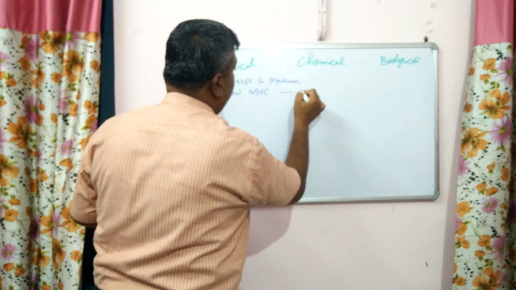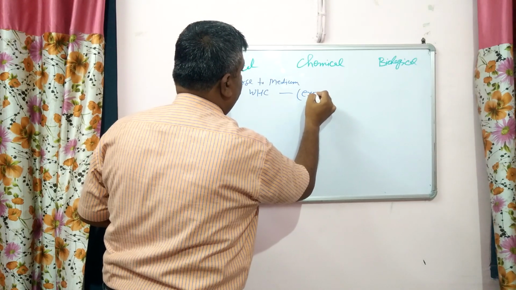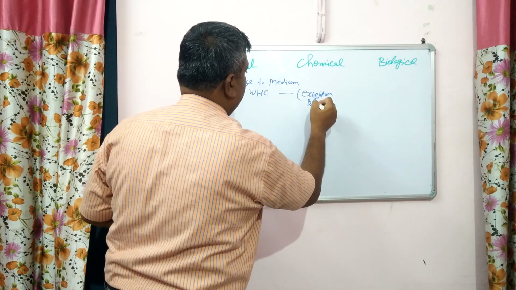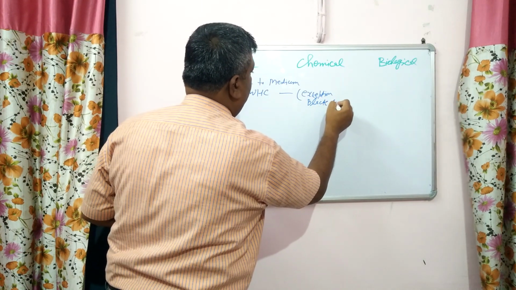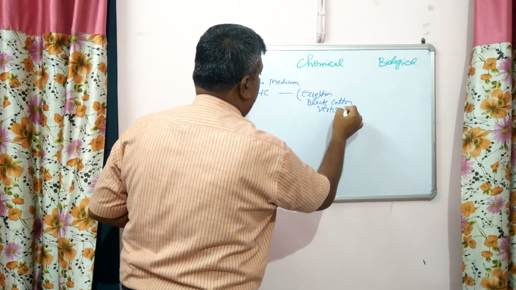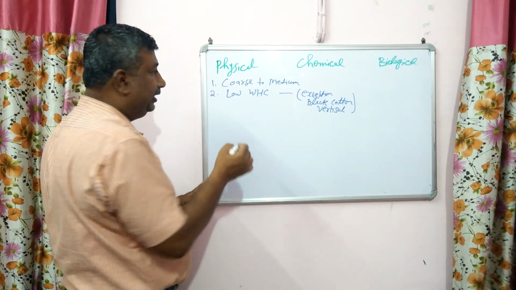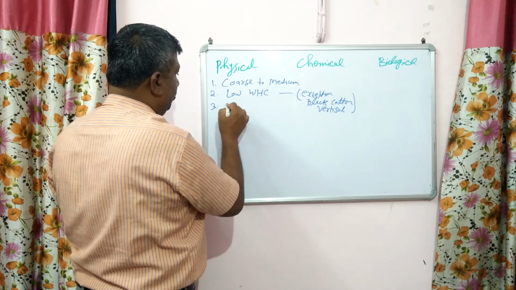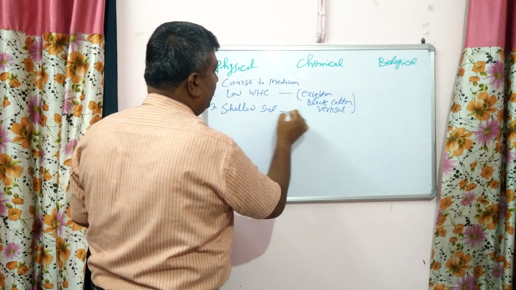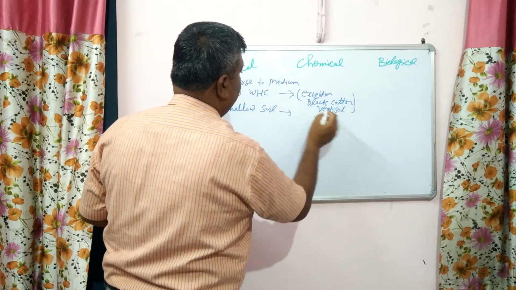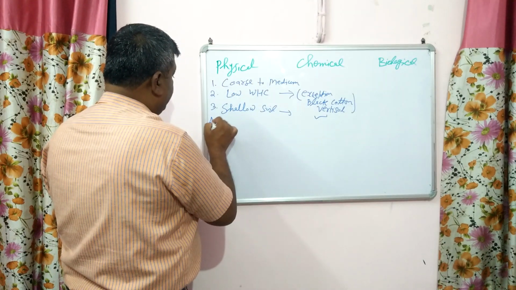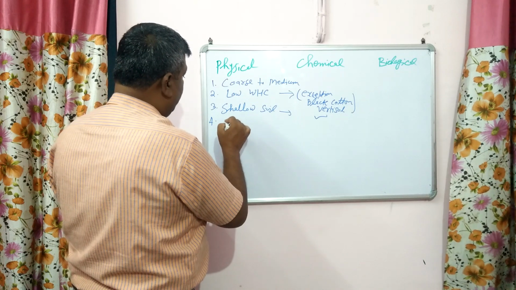But the exception is black cotton soil, that is vertisol. Its water holding capacity is high, and shallow soil depth is a problem in other soils, but this is the exception. Black cotton soils are deep, but infiltration is low.